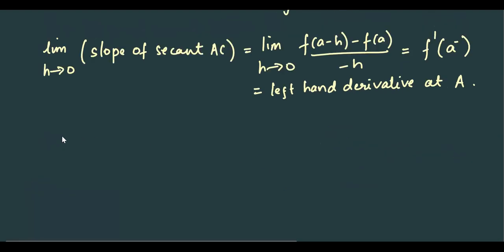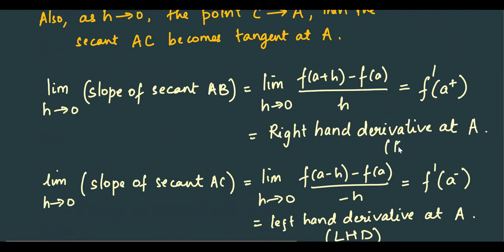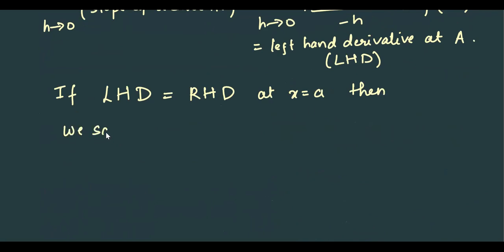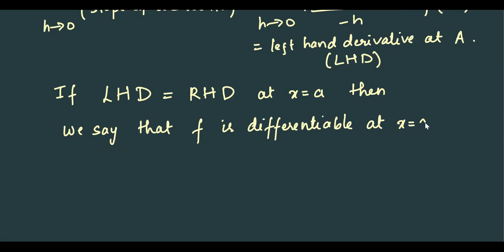Now if this left hand derivative and the right hand derivative are equal, that means both these limits are equal at x equal to a, then we say that f is differentiable at x equal to a.